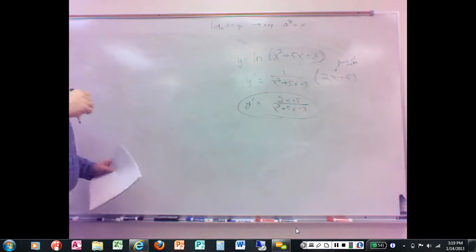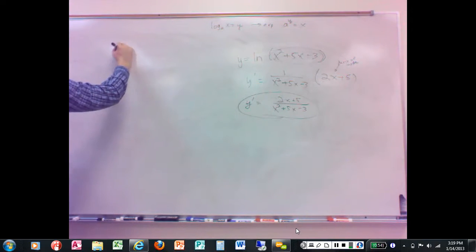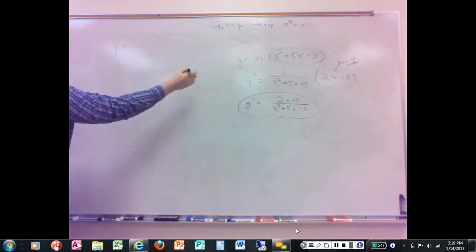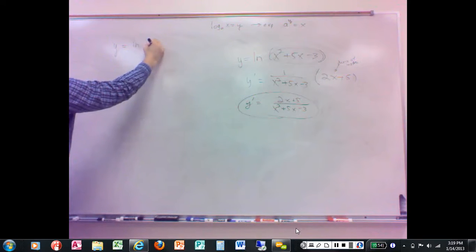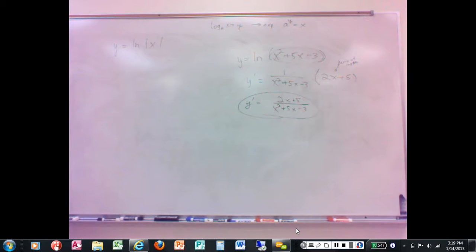We're going to go to a little bit of integrating here, because this actually fills in a gap we've had previously. If you think about it, instead of ln of x, let's do the ln of the absolute value of x. There's a reason I do that.